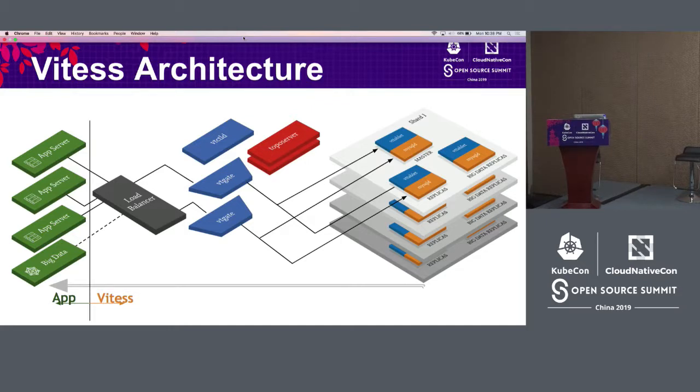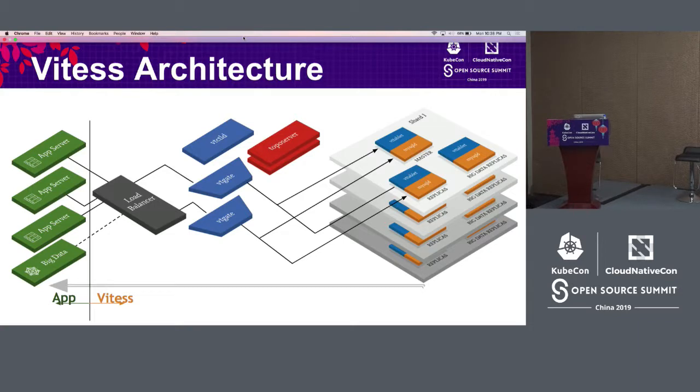It gives your application the view that it's talking to a single humongous database, when in reality it could be talking to a database which is very largely horizontally sharded with hundreds of replicas. And not just one database like this, but multiple databases or multiple keyspaces with multiple schemas. Your application still thinks that it's talking to one humongous database. How does it manage that?